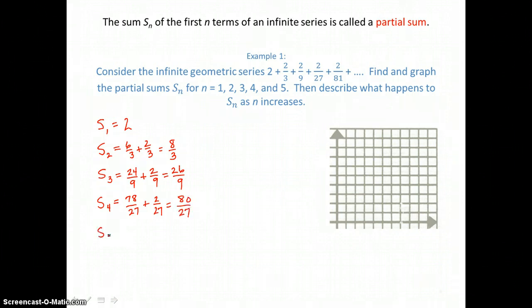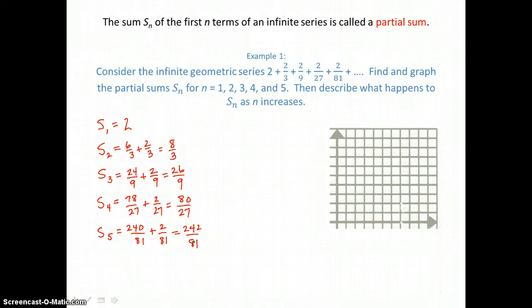S sub 5 is the sum of the first five terms, so that's 80/27 plus 2/81, or 240/81 plus 2/81, which is a total of 242/81.